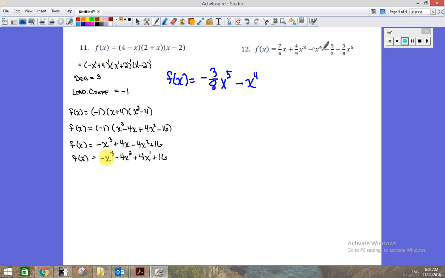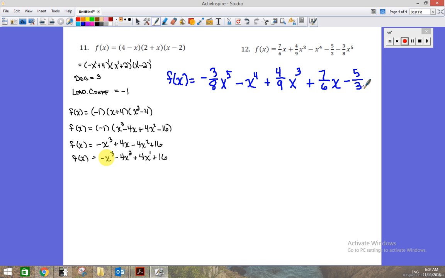Do I have an x cubed? Yeah, there it is. Do I have an x squared term? I do not. Do I have an x term? Yes. A linear term, 7/6 times x. And is there a constant? Yeah, this -5/3.